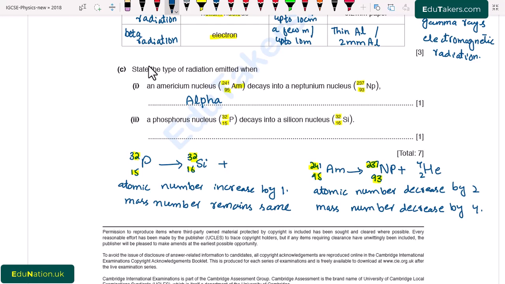I write here it is electron. It is 0 and minus 1. So we can simply say that beta particles are emitted here. It is beta radiation. When a phosphorus nucleus changes into a silicon nucleus, it emits beta radiation.